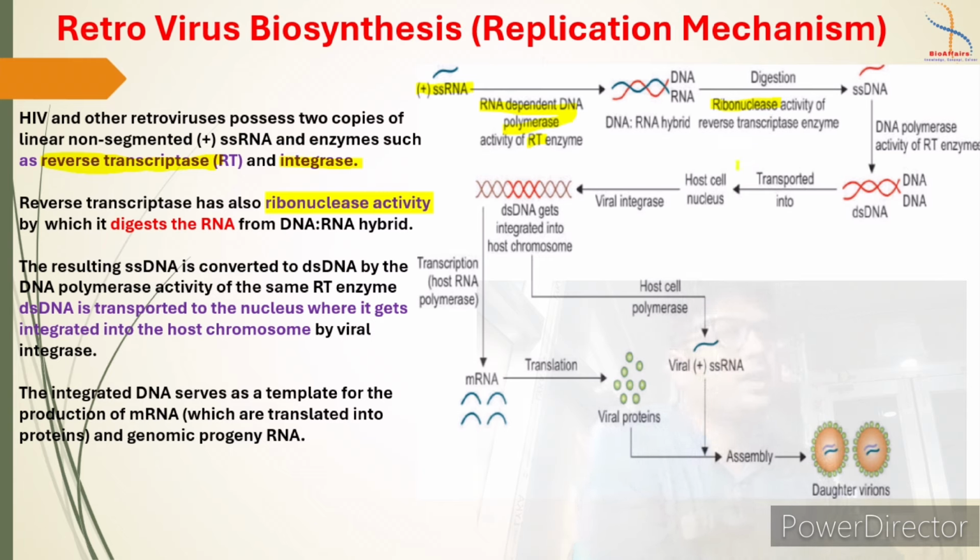So in this RNA-DNA hybrid or duplex, whatever you call it, the RNA will be digested with the help of the ribonuclease enzyme, and single-stranded DNA will be left, right?